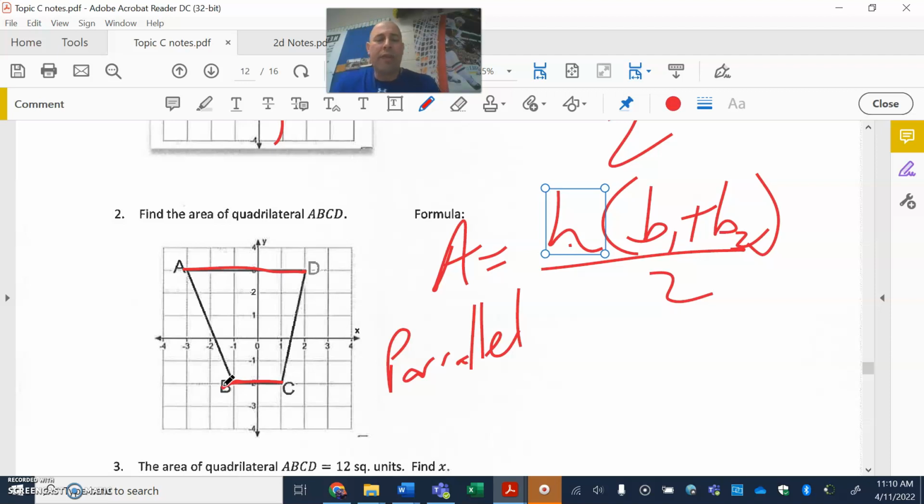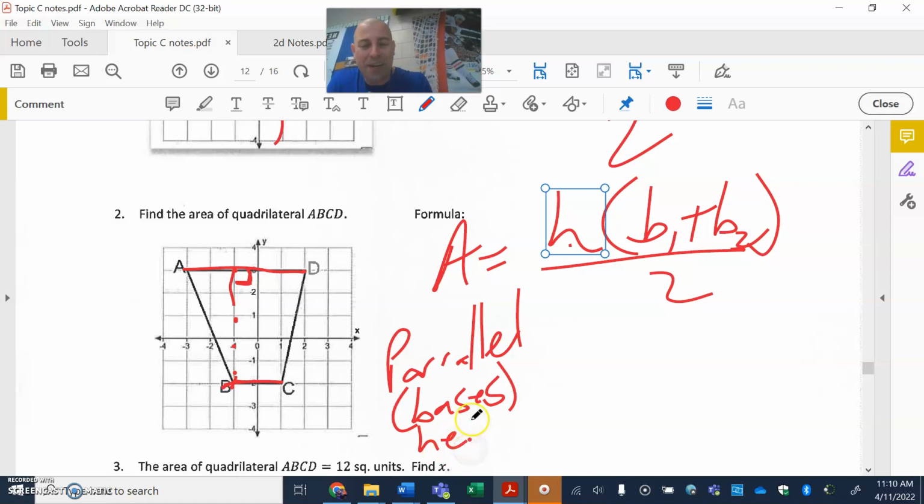The height always connects the 2 bases, and that's where that right angle symbol is going to be formed. That's going to allow me to pull things in. Again, if the sides are parallel, those are your bases, and the height is always going to connect them.